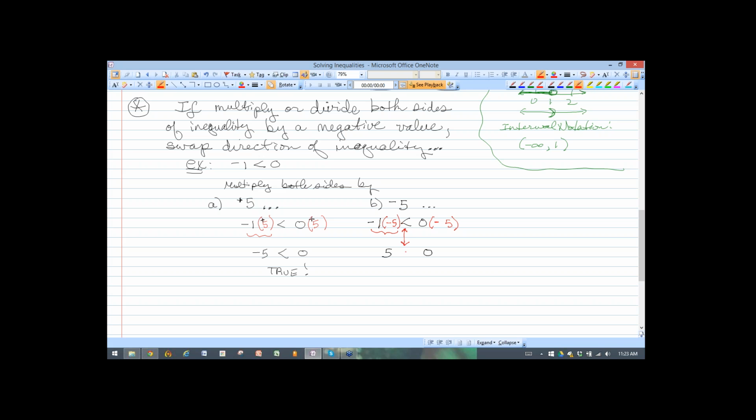What happens from here to here? Which of these should the alligator be eating, in other words? The 5, right? Look. So when you multiply or divide both sides by a negative value, the direction of the inequality changes.